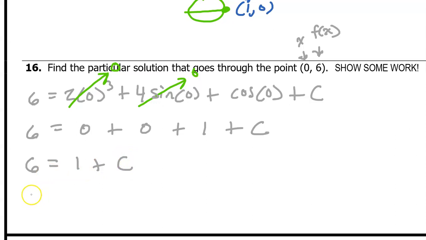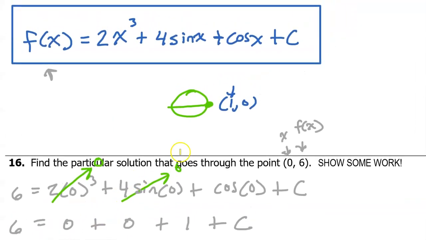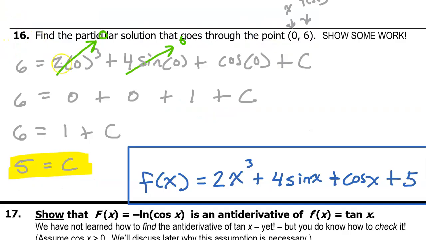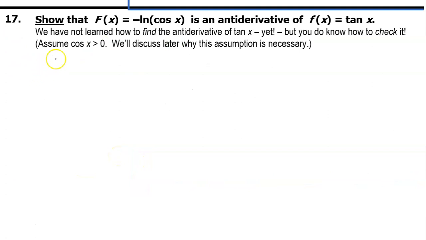Subtracting 1 from both sides, and we have 5 is equal to c. Now that we know that the c value is 5, we can substitute that back in right here. So I'm just going to recopy this whole equation, but I'm going to put a 5 in. Kabam!